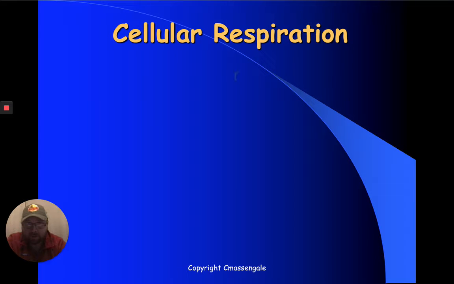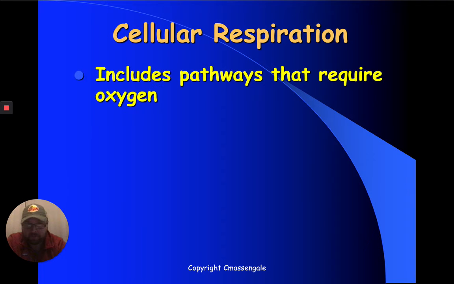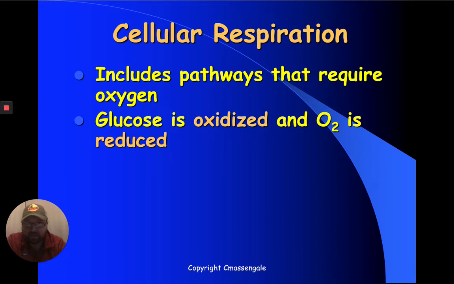So let's learn a little bit about cellular respiration. What we're going to get into today is the pathways that require oxygen. Not all of cellular respiration requires oxygen, but that's not what we're going to focus on.